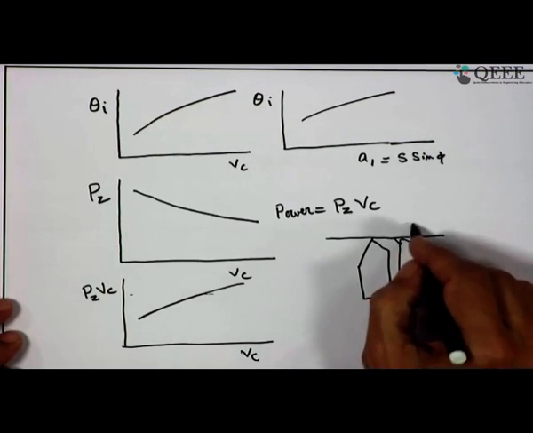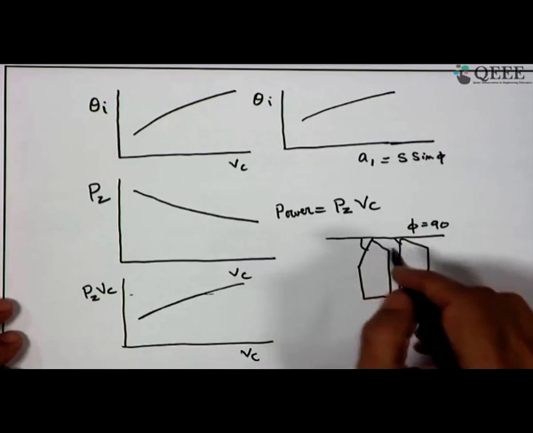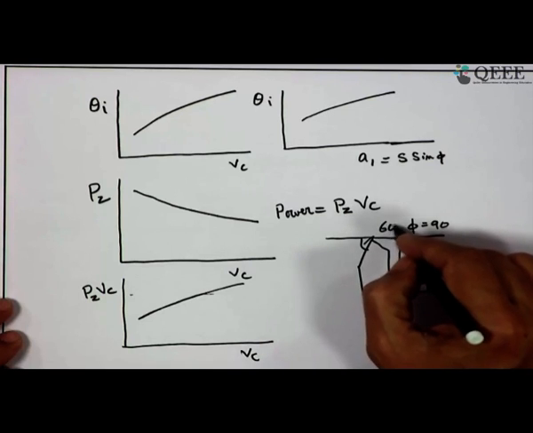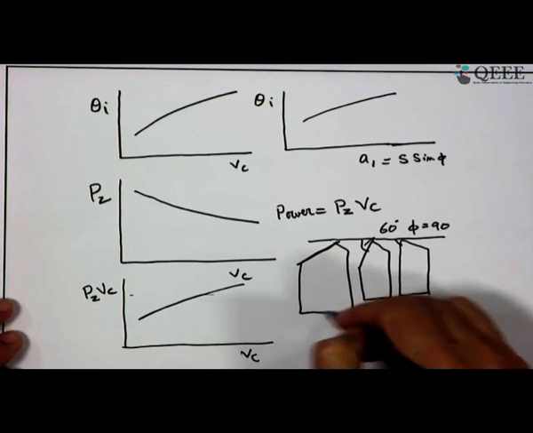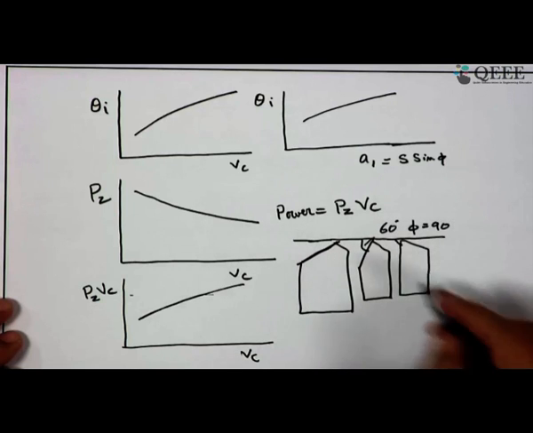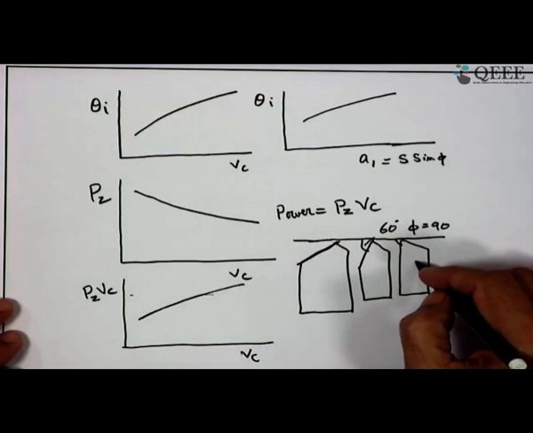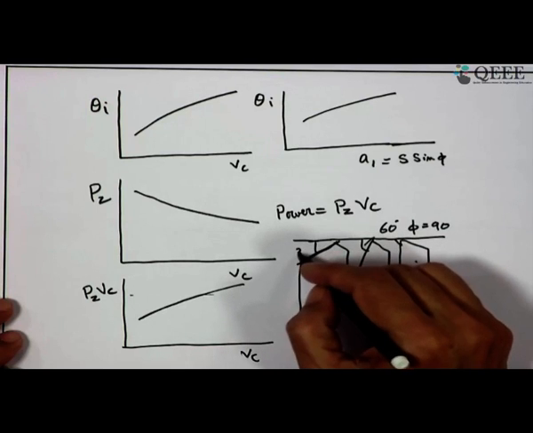So, this is phi 90, this is phi less than, say, 60 degree. We can have another tool maybe with 30 degree, just for explanation. So, friend, one tool with 90 degree phi, second one with 60 degree, and the third one with 30 degree.